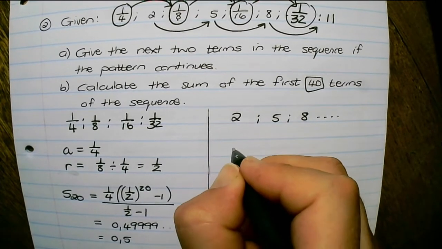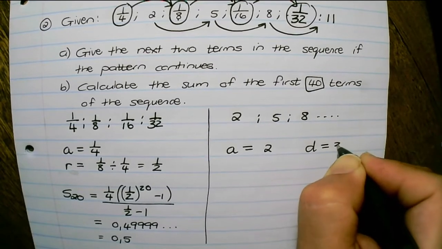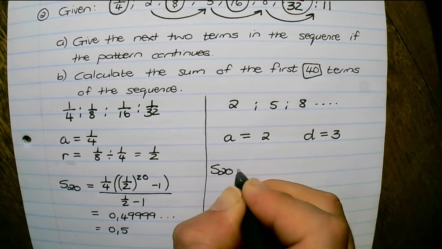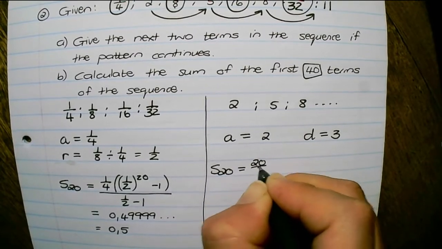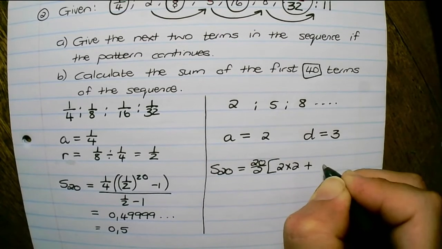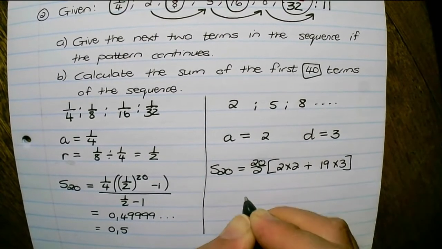In the arithmetic sequence, a is equal to 2 and the constant difference is equal to 3. So the sum of the 20 terms on this side would be 20 over 2 times (2 times 2 plus 19, which is n minus 1, times 3).